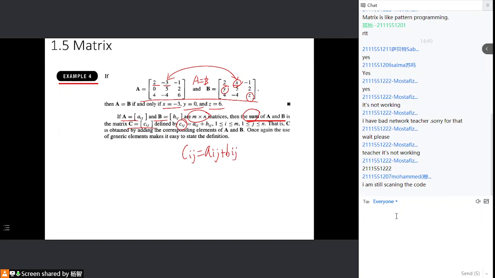It means the corresponding elements are summed together to construct the matrix C. So C is obtained by adding the corresponding elements of A and B.